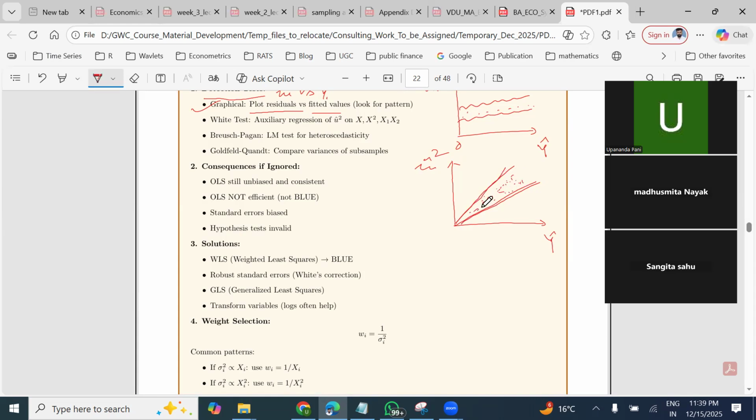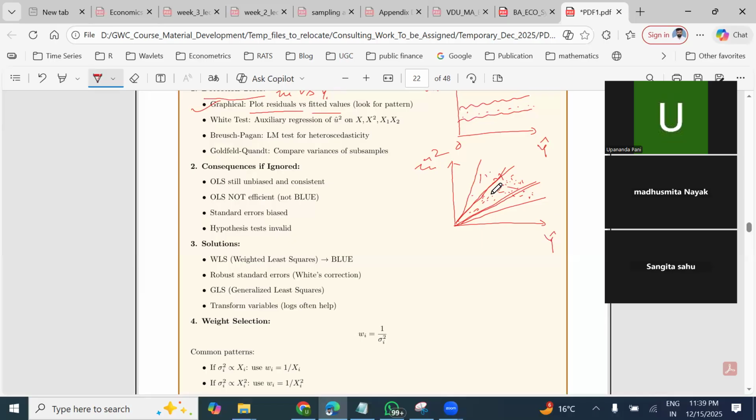You getting? This is not narrower, it will be a little wider. This whole pattern. Clear? Yes, sir. So in the first graph there is no systematic pattern, isn't it? Yes, sir. And in the second, there is a pattern. It means the error variance is increasing, isn't it?